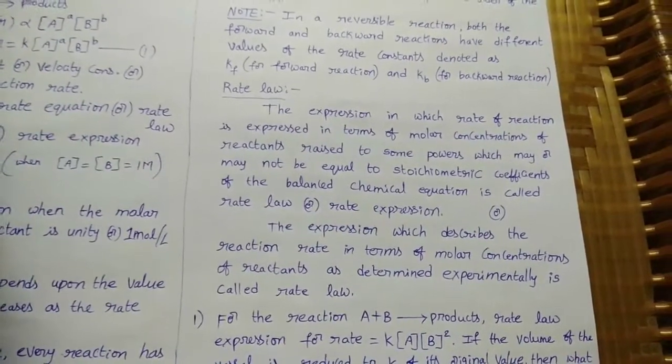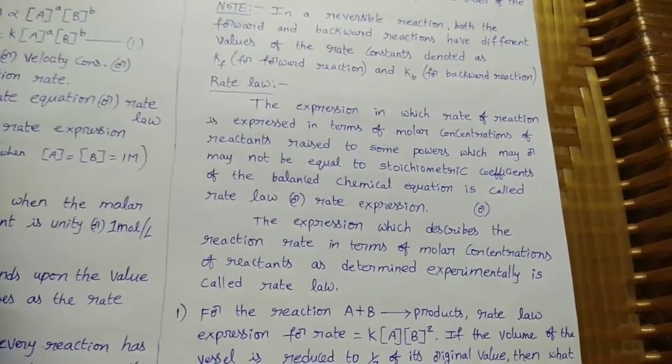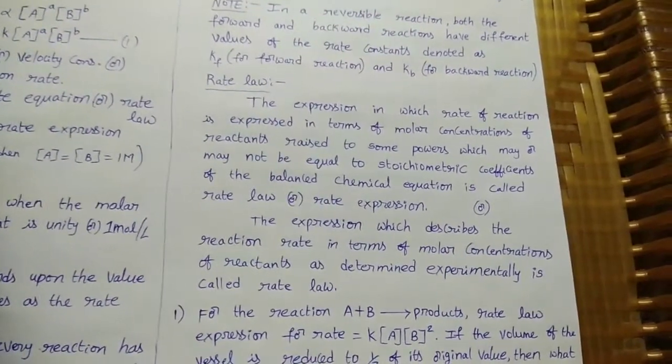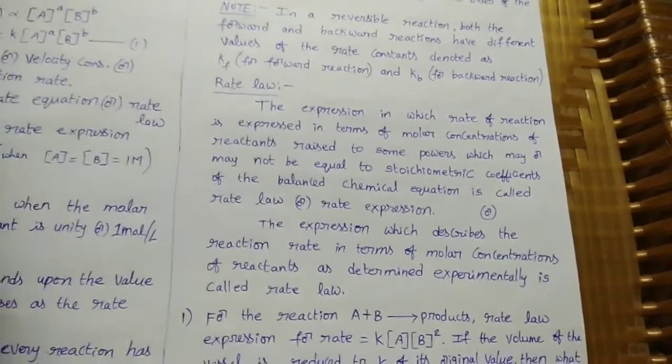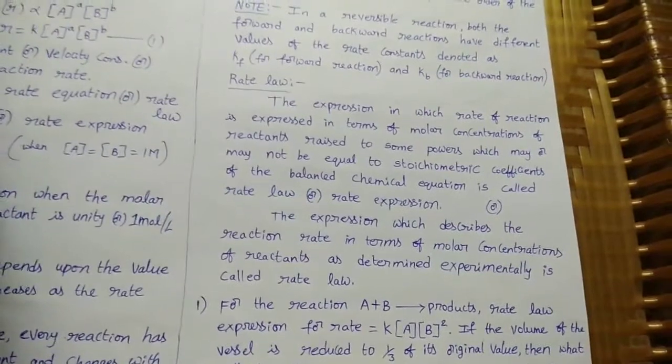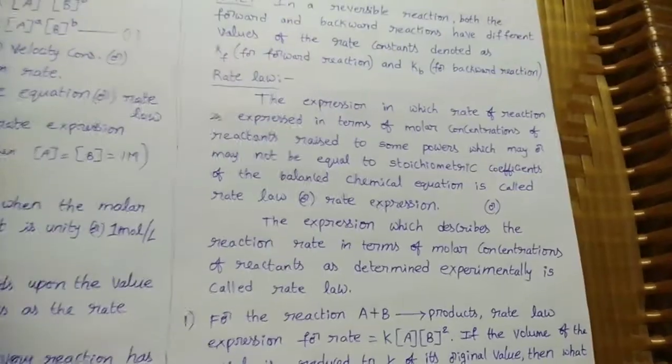See this example, you can understand easily. For the reaction A plus B gives products, the rate law expression is rate equal to K into concentration of A into concentration of B whole squared. This is a rate law.